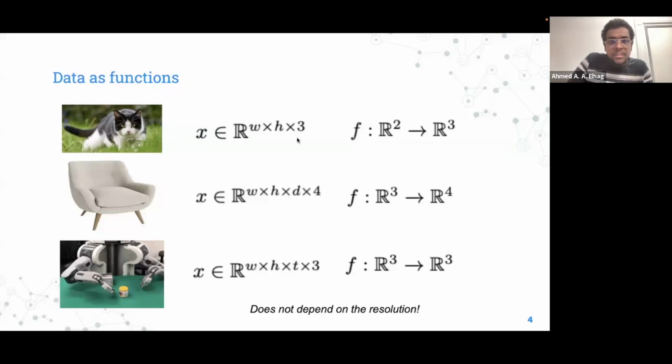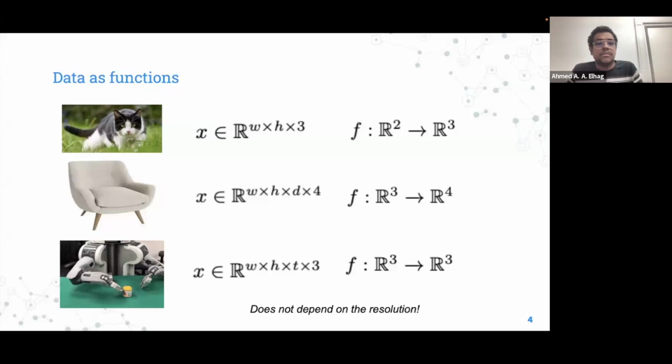The image can be considered as a vector in R^(W×H×3), with width and height and some channels, maybe RGB colors. The same image, you can consider as a function going from R^2 to R^3, from XY coordinates in the plane to RGB colors. Directly speaking, you assign RGB colors to your points in the 2D plane.